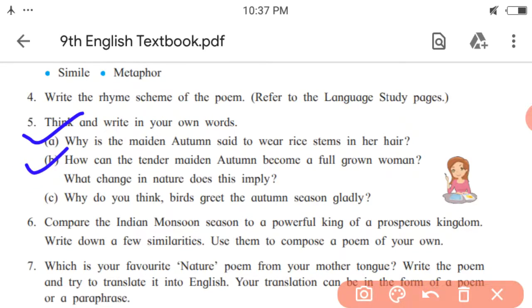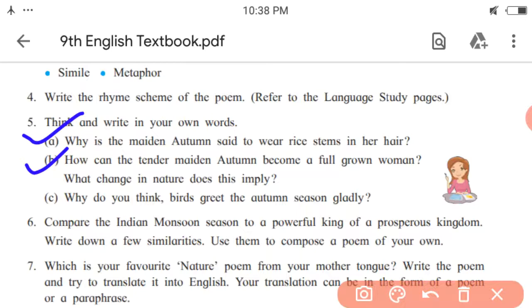Next, how can the tender maiden autumn become a full grown woman? What change in nature does this imply? Through the first stanza as well as the second stanza, we came to know how the nature in autumn develops or changes as the season progresses, as the days pass in the autumn season.